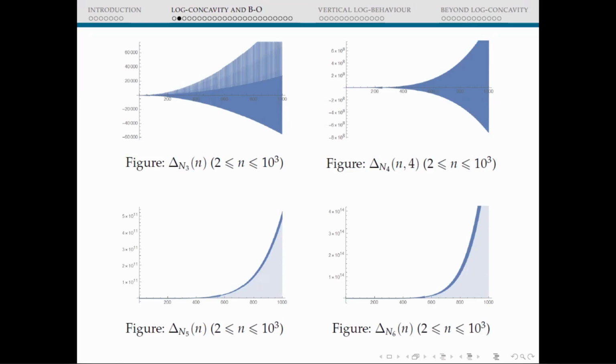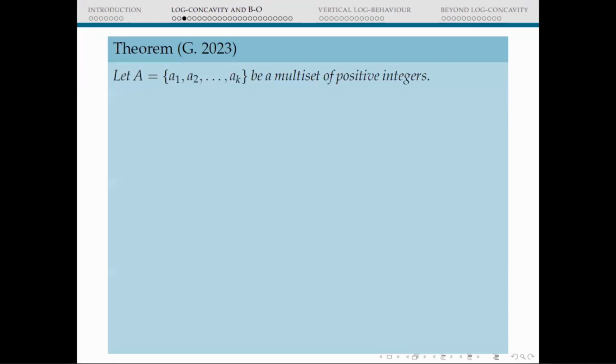So let me at the beginning say a few words about the theorem I was able to derive. Here we have a finite multiset A of positive integers. If k is either 2 or 3, then we need to require that a1 equals a2 equals a3 equals 1. But if k is at least 4, then we have a nice description.